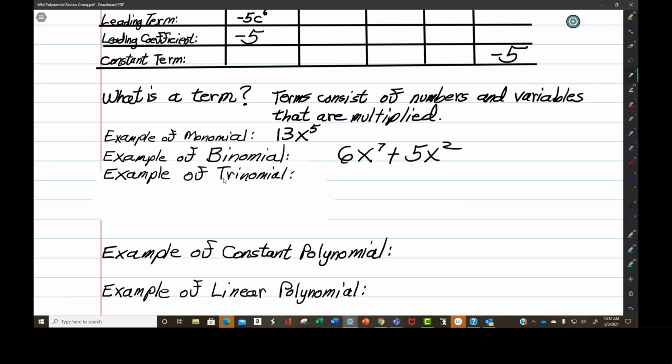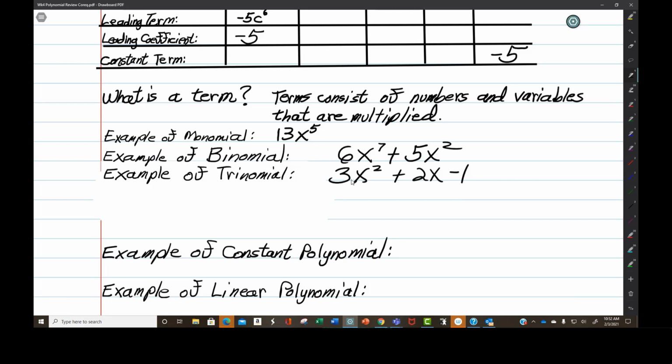A trinomial is something you're really going to be dealing with next week a lot. Numbers like 3x squared plus 2x plus 1. Minus 1. Let's make it minus 1. How about that?